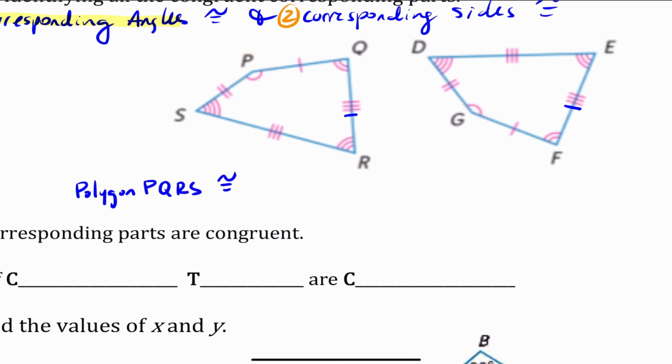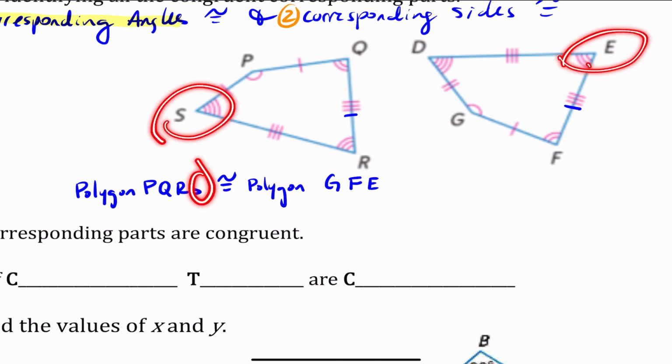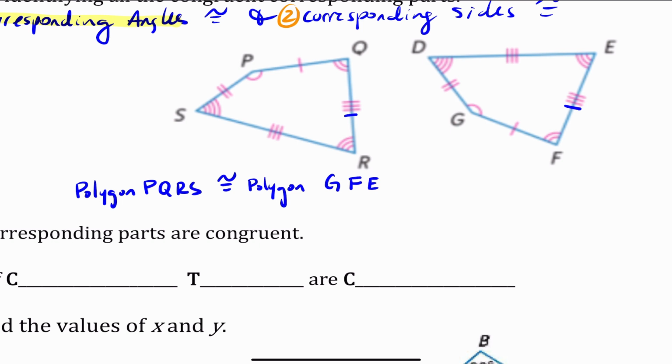So in this case, it's G. Okay, so I need to write polygon G, then Q goes with F, and then R goes with E, and then S, it goes with D, sorry.